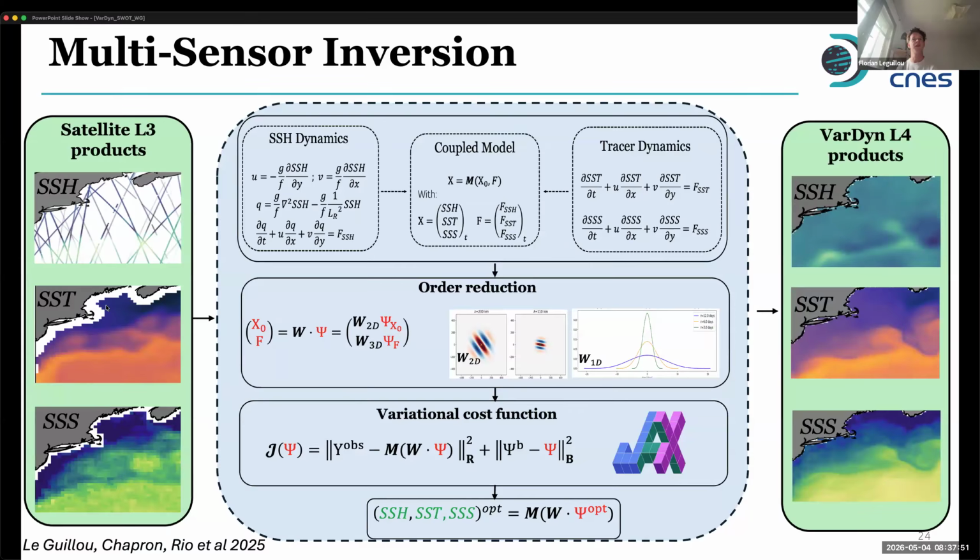I will not go into the details, but basically we still have the QG model for the sea surface height dynamics, and we use the tracer dynamics model here, and we estimate the forcing terms in the data assimilation process. So we start from level 3 data, sea surface height, temperature, and salinity, and then we reach the level 4 high resolution product.